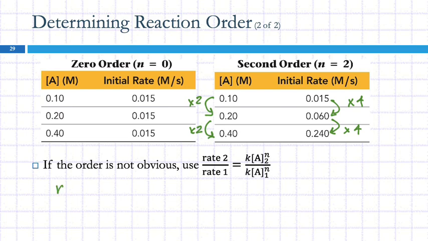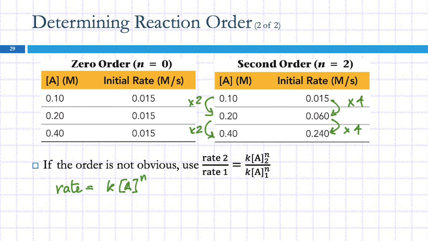So we know that the rate is equal to the rate constant times the concentration to the n power, right? That's the definition of a rate law. What we're trying to find out is what is n.